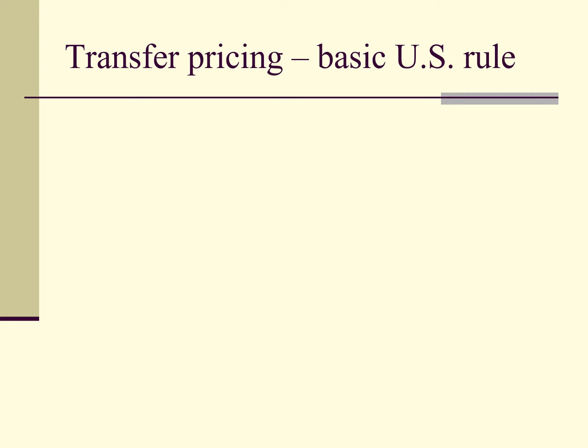Here is the basic rule for transfer pricing in the United States. In the United States, the basic rule for transfer pricing is set out in Section 482. This section provides as follows.